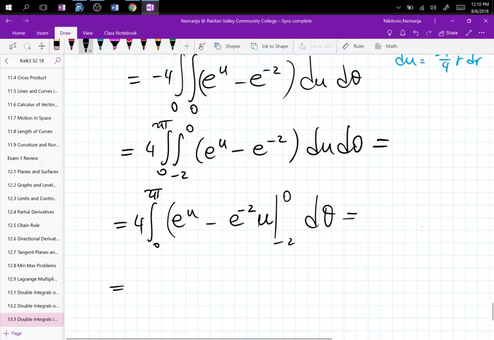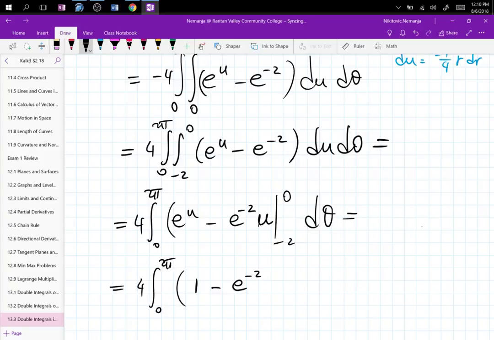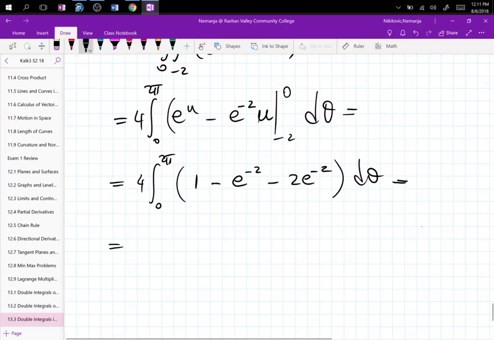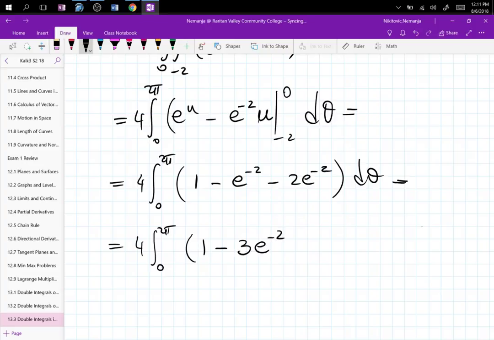It's a double integral, so let's go and calculate. e to the 0 is 1, minus a 0, that dies, minus e to the negative 2, the lower limit, and then minus from the equation, minus from there. That's 3 minuses in a row, 3e to the negative 2 d theta. So this is 4 integral 0 to 2 pi of 1 minus 3e to the negative 2.